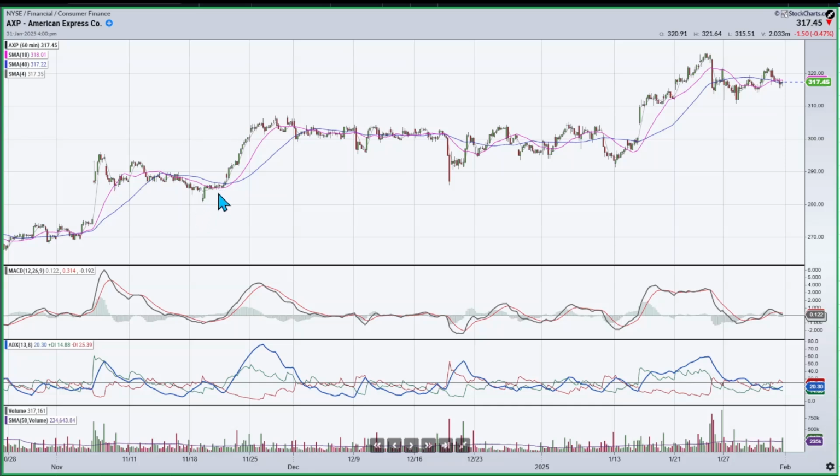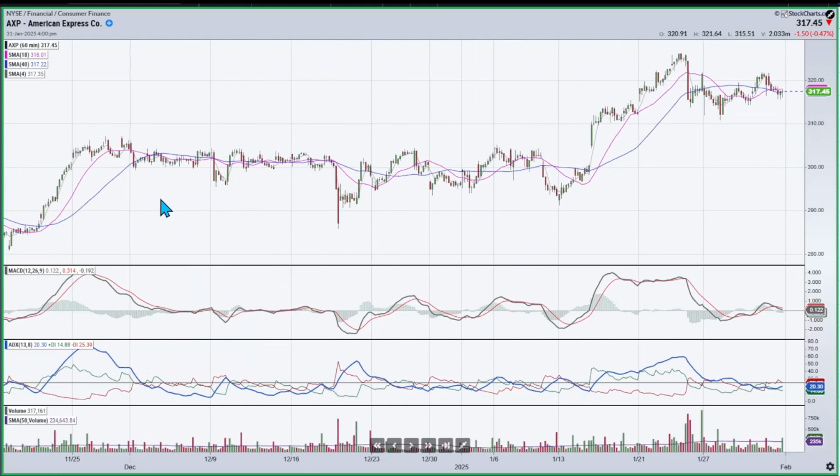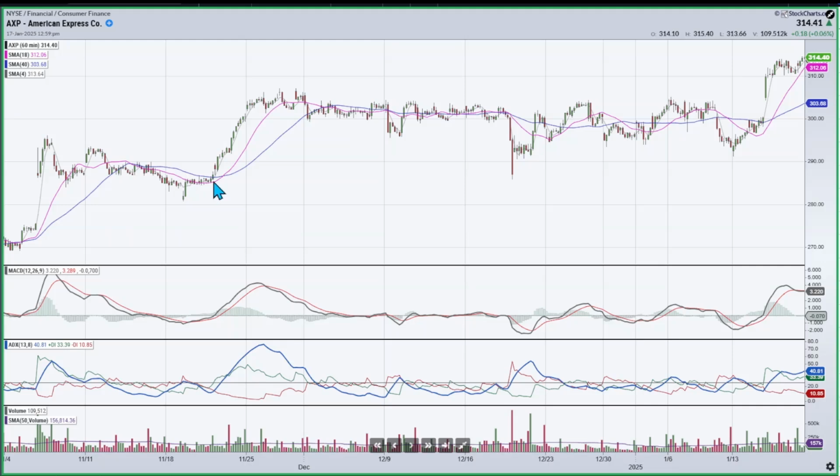So if your account is $100,000 and you risk 1% of that, that would be $1,000. And that's how much money you would risk in the trade. So you figure out how many shares you would buy based on where your stop would be, then you'd lose $1,000 if you were wrong. What I want you to do is take that $1,000 and put it into an option trade. Instead of doing the stock, do it in the option, and I'll explain why.